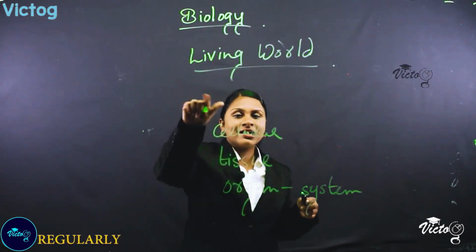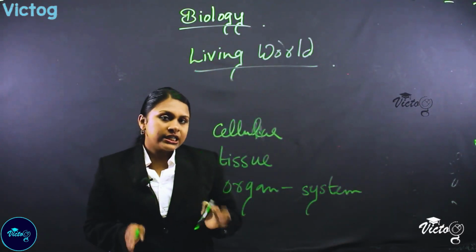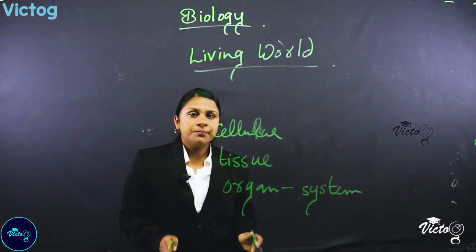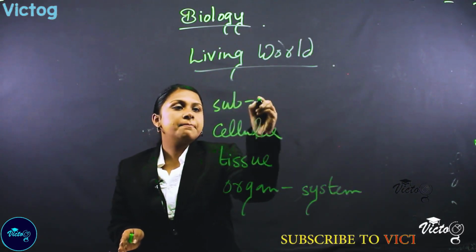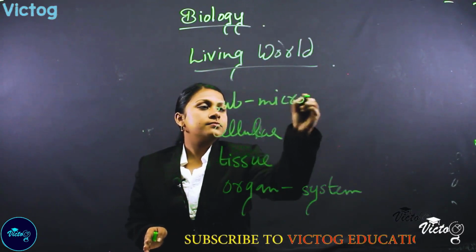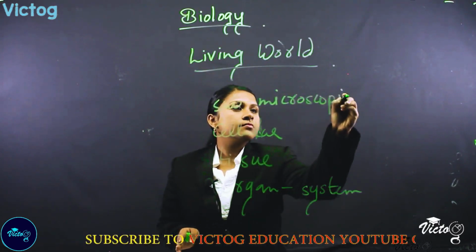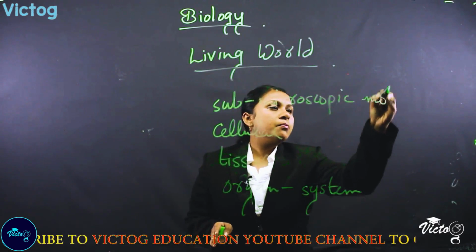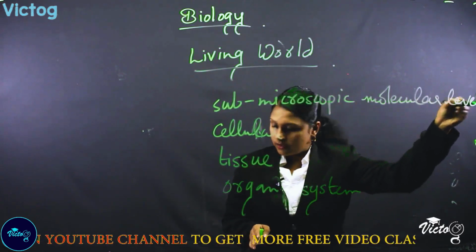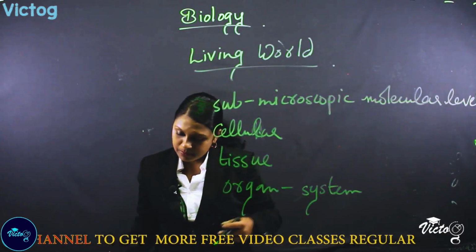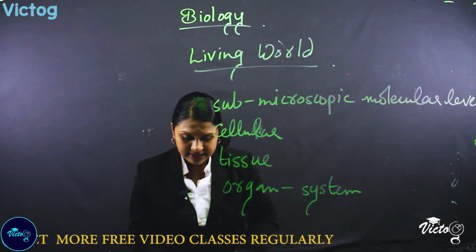Now before the cellular level of organization, another type of organization is very important, which is not in your NCERT textbook. That is the submicroscopic molecular level of organization.